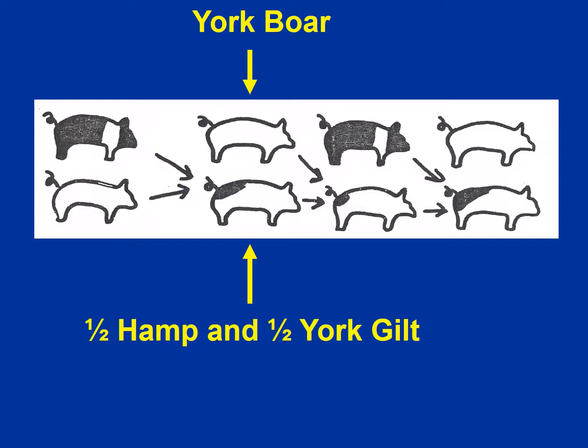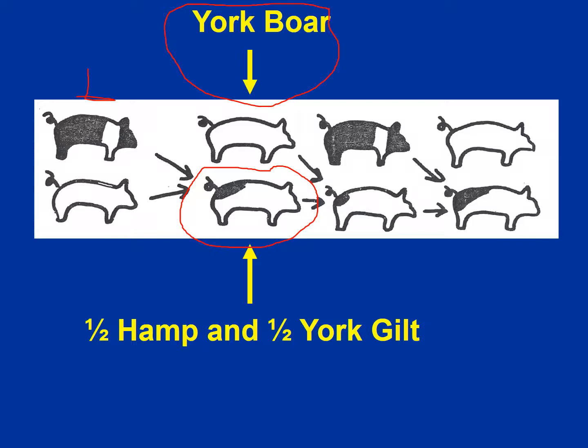So first we have the Hampshire boar, and then we're going to get ourselves a Yorkshire boar. Now we can purchase semen, or we can just get live animals here. And for our gilts now, we're going to pick from the previous generation.